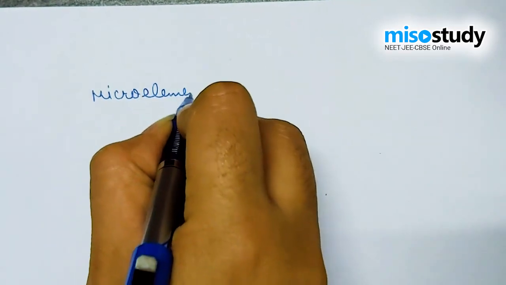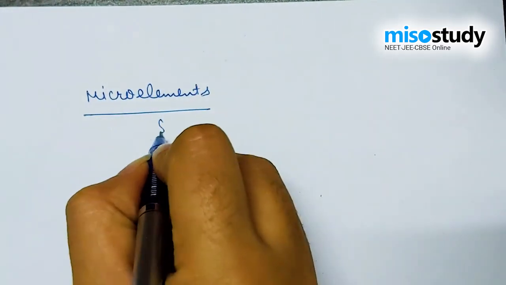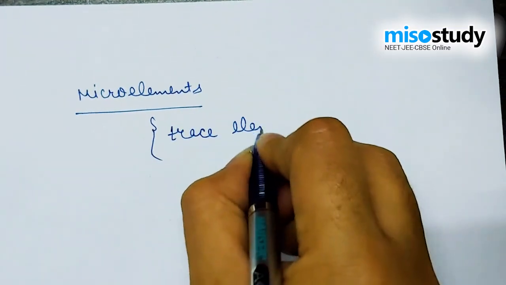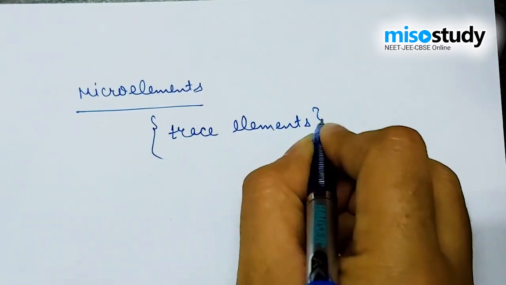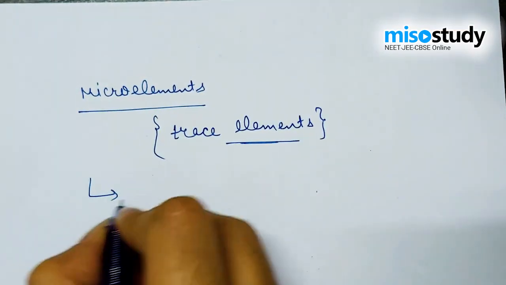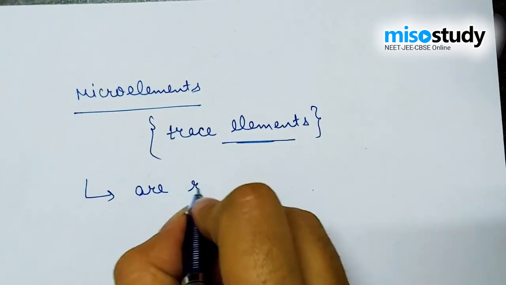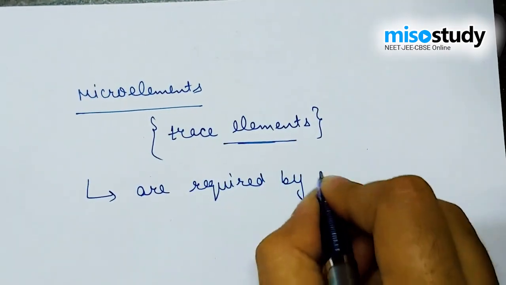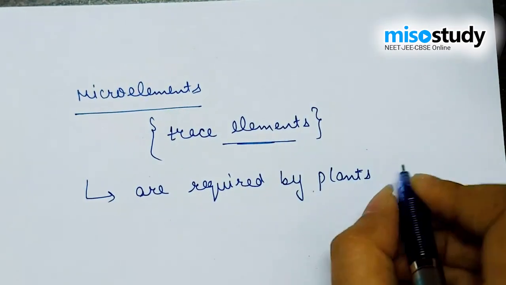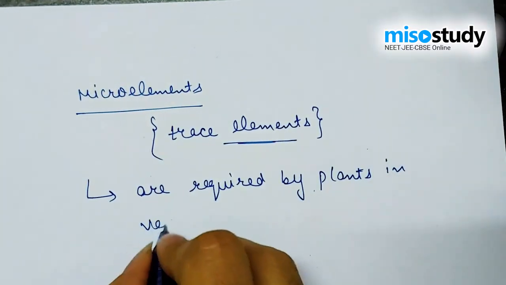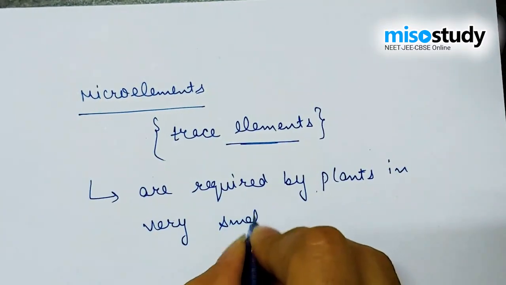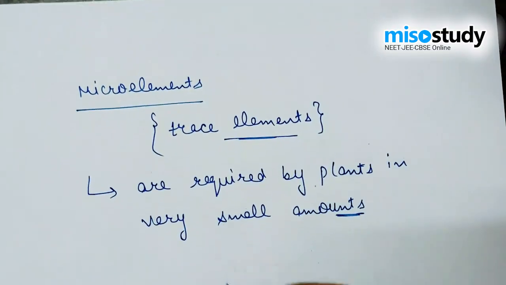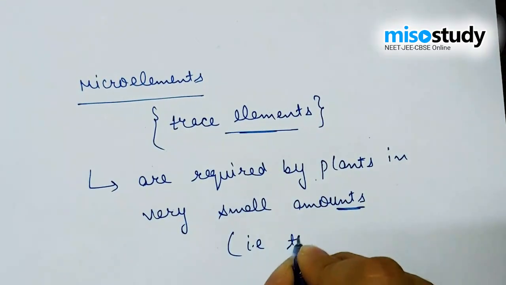Micro elements are also known as trace elements. Why do we name them trace elements? Because these elements are required by plants in very small amounts, that is, in traces.